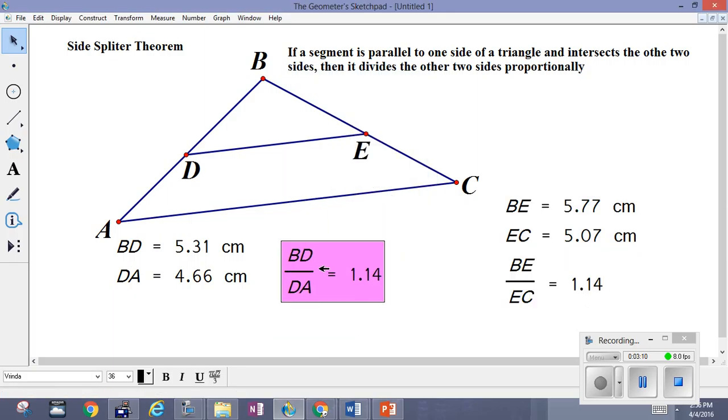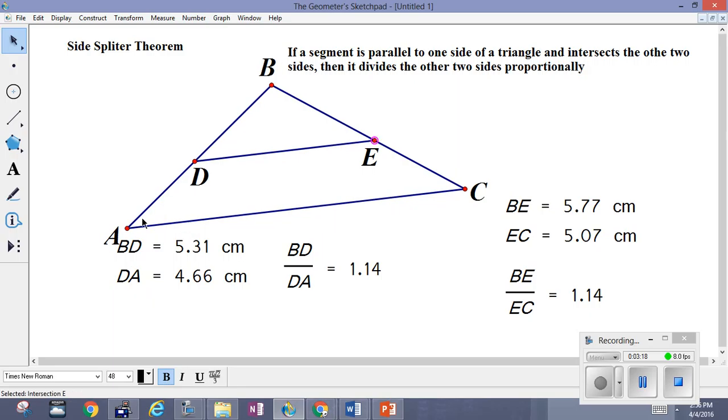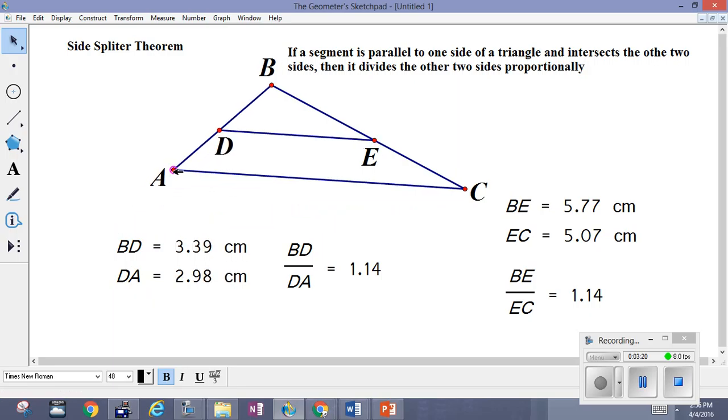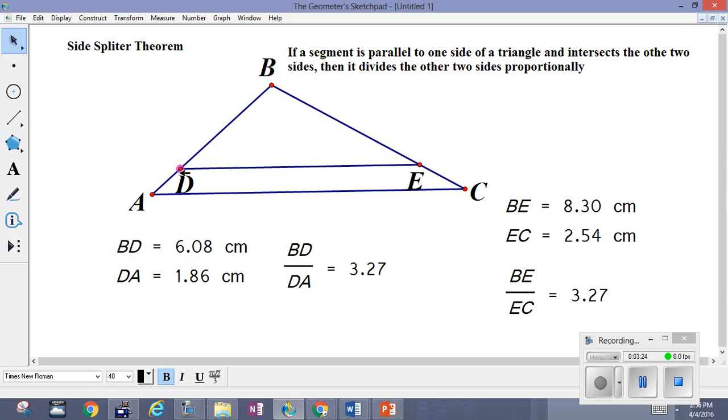So what it's saying to you is basically this. And this will happen however I move this along, however I change the triangle, that ratio is going to be consistent. You can see that right there all the way through.